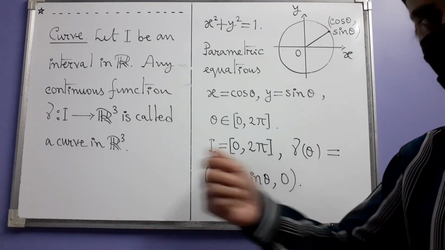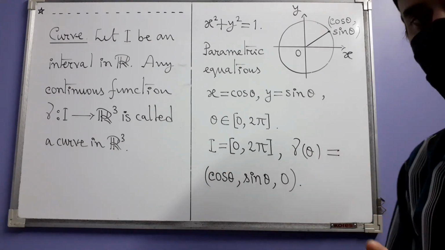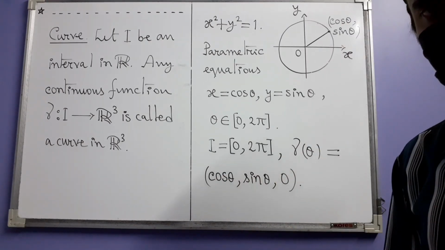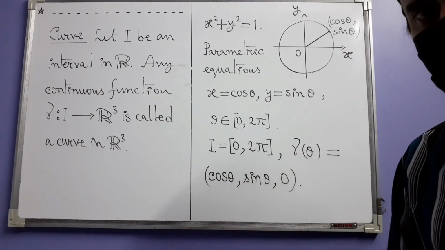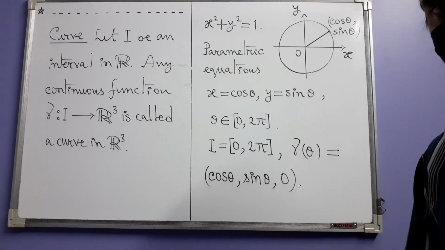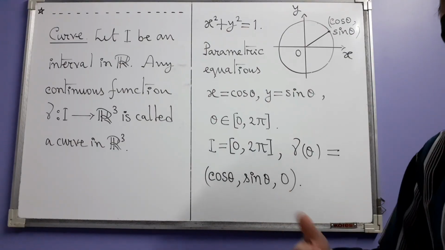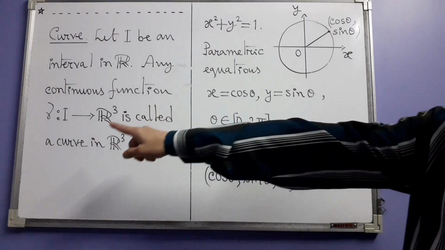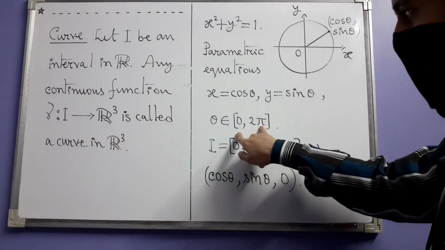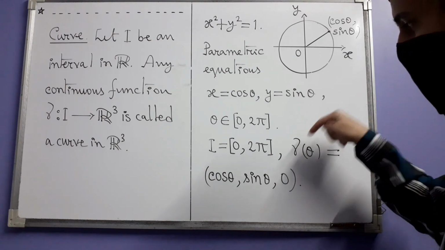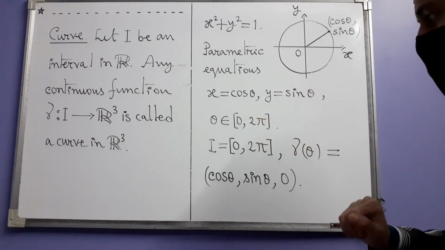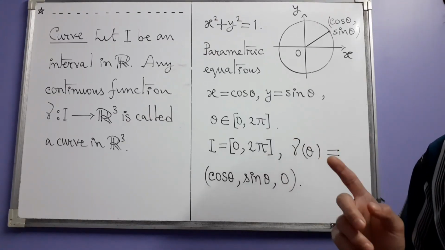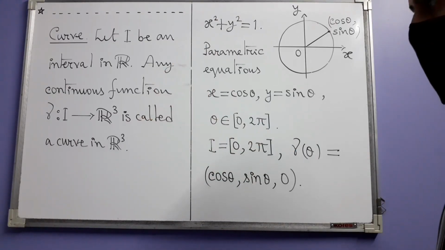And from a result from calculus, we know that such a function is continuous if and only if these individual component functions are continuous. Cos theta is a continuous function. Sin theta is also a continuous function, and the constant function 0 of course is also continuous. So that is why this gamma has those properties, and this is connected, so that's why the image of this under gamma, which is our circle, is also in one piece. That's why we need continuity.